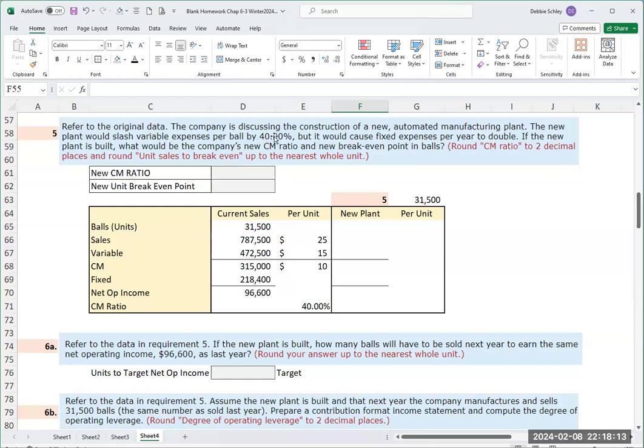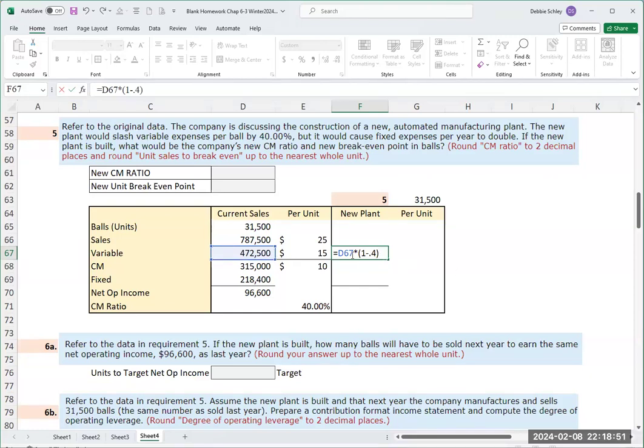Okay. The company is discussing the construction of a new automated manufacturing plant. The new plant would slash variable expenses per ball by 40%. Okay, that's huge. So to figure out my new variable, it's going to equal my old variable times, open parentheses, 1 minus 0.4, close parentheses.